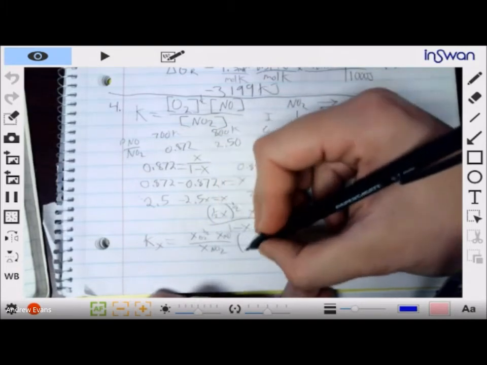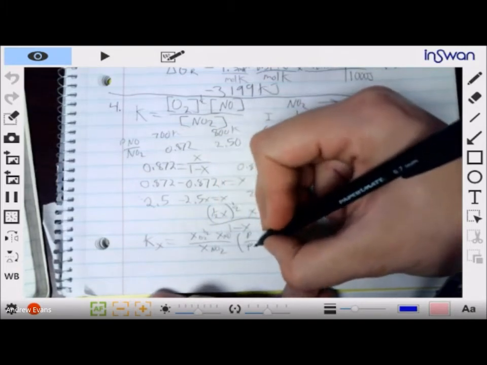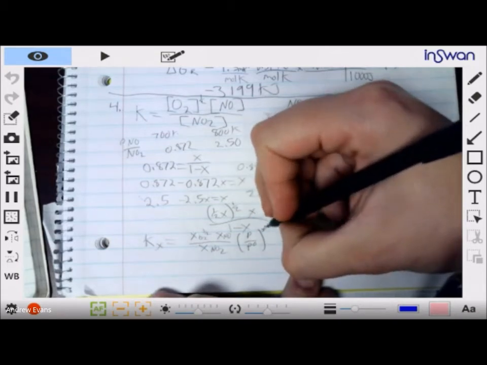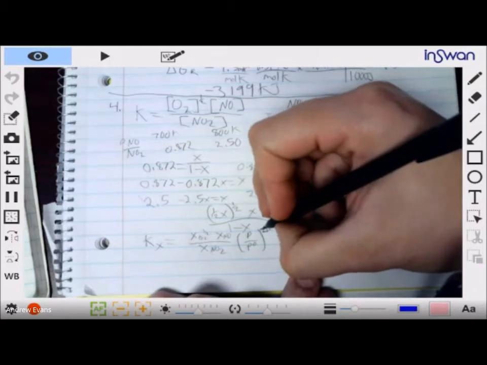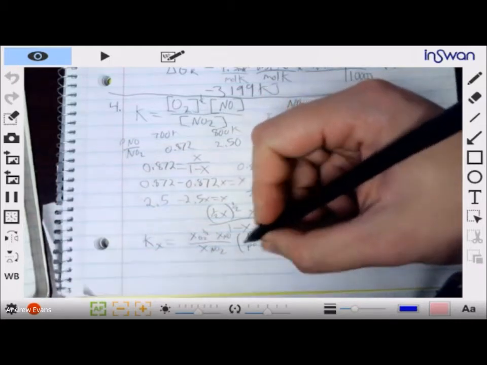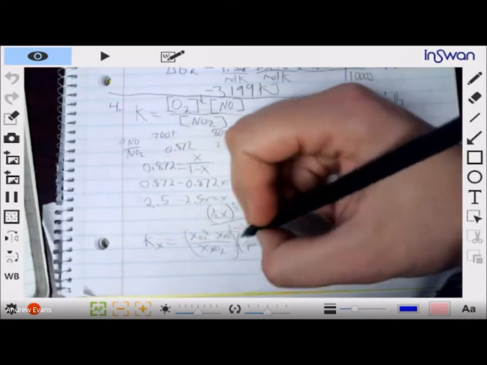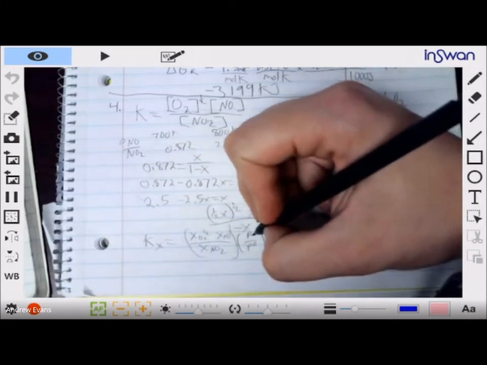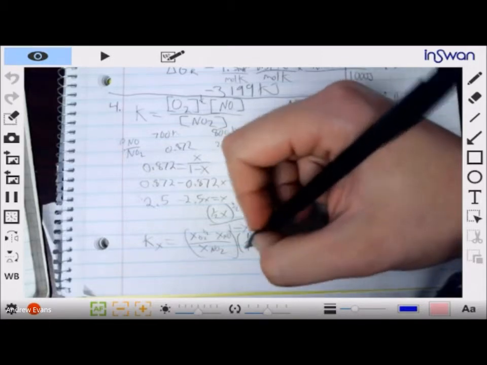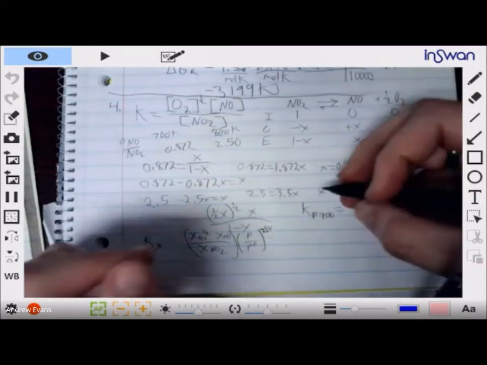But we have to multiply by P over P naught to the negative delta V. However, we're told that the total pressure is 1 bar. 1 bar over 1, so this whole term cancels out.